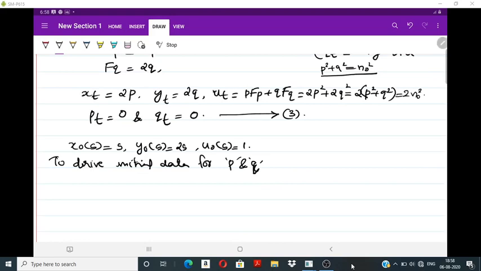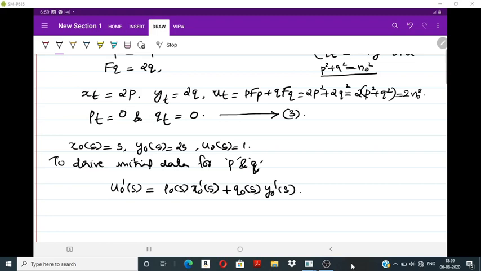The first one was u naught dash at s, that is, u naught dash at s is equal to p naught of s into x naught dash plus q naught of s into y naught dash at s.